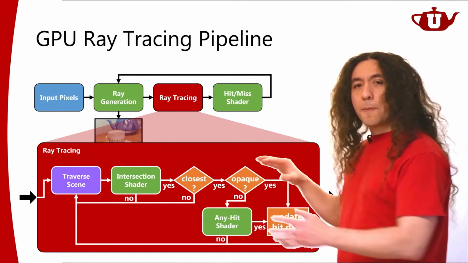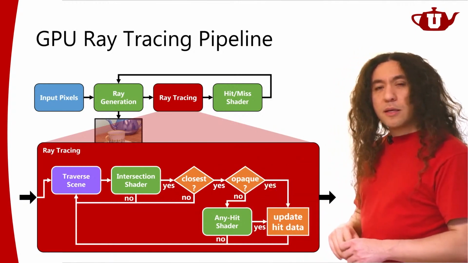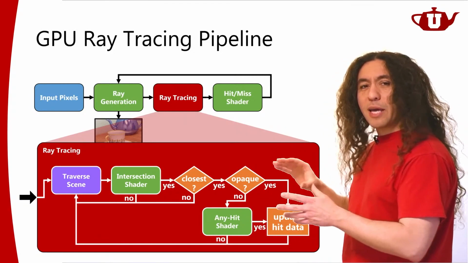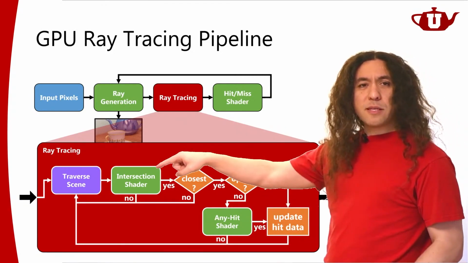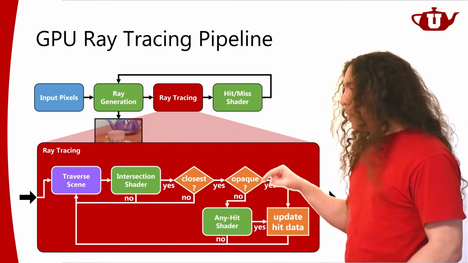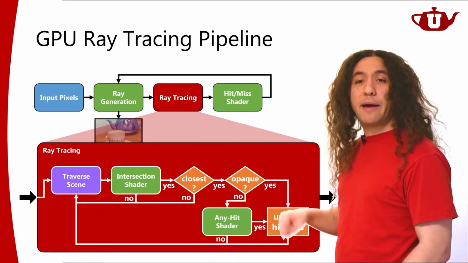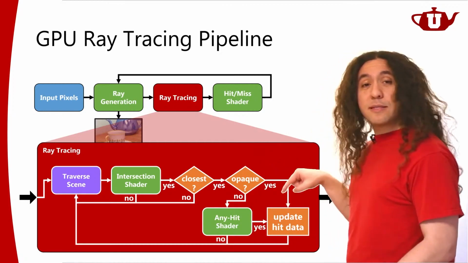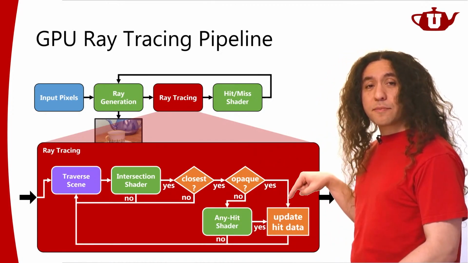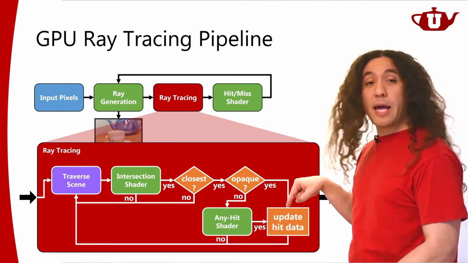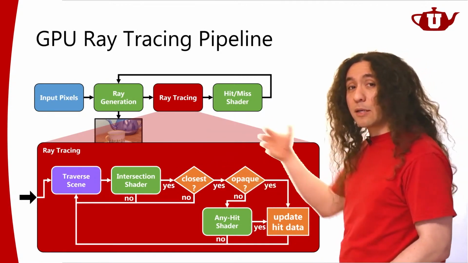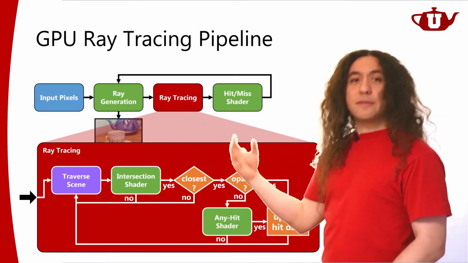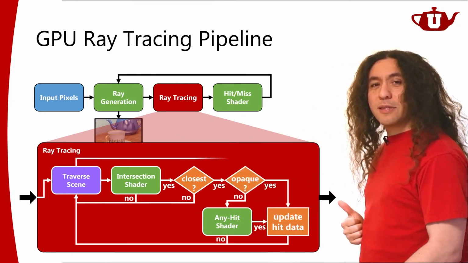So this is what the traversal looks like. It's a bit more complicated, and with two programmable pieces here, there's going to be this intersection shader and any hit shader if we have semi-transparent objects, right? And in the end, this hit data will stay here in the ray tracing box, and the scene traversal will need to send it to the next stage in the end.